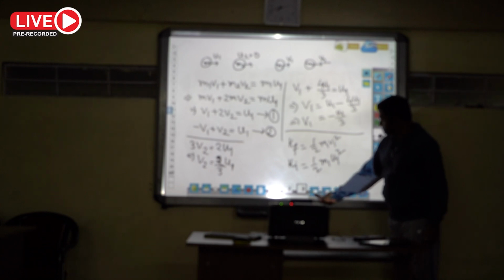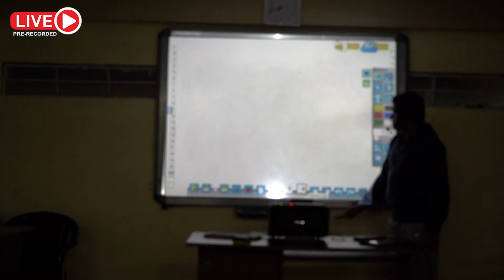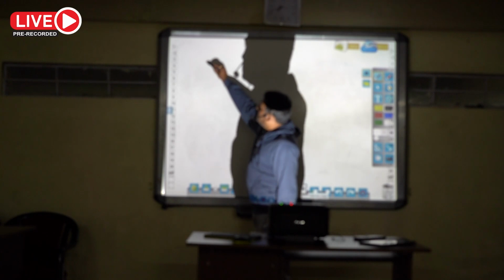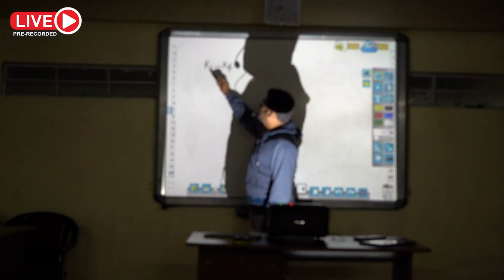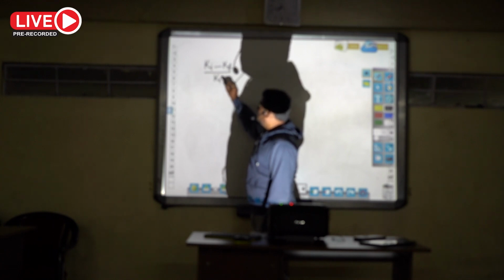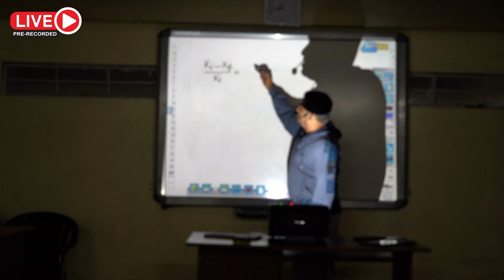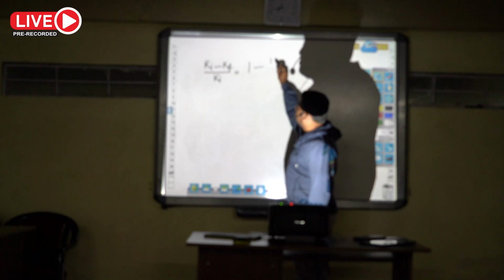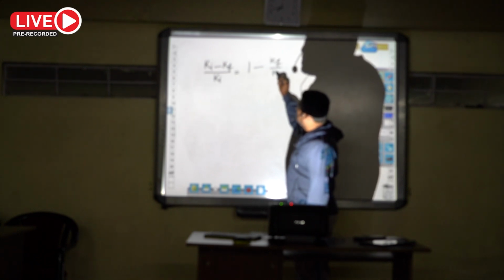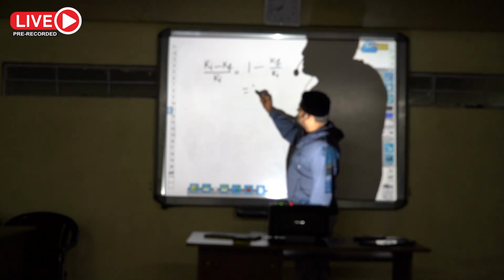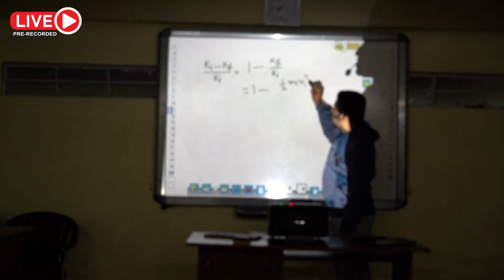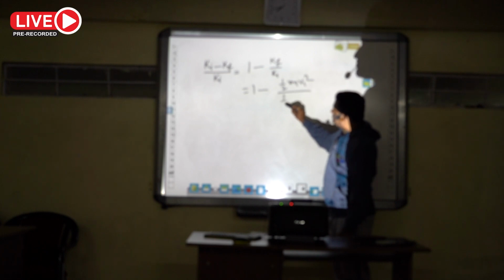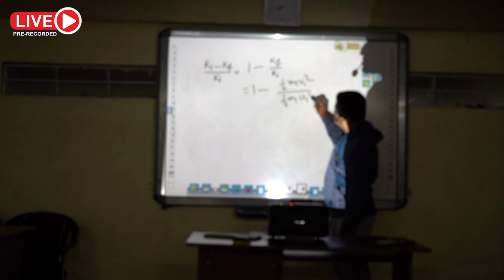So Ki minus Kf by Ki, that is 1 minus Kf by Ki. It is coming 1 minus half m1 v1 square by half m1 u1 square.